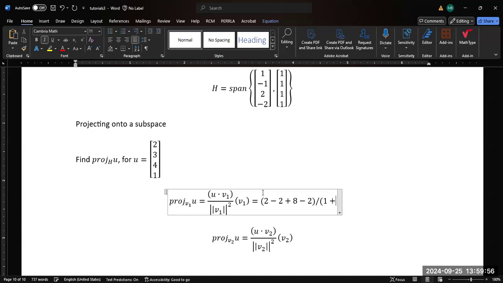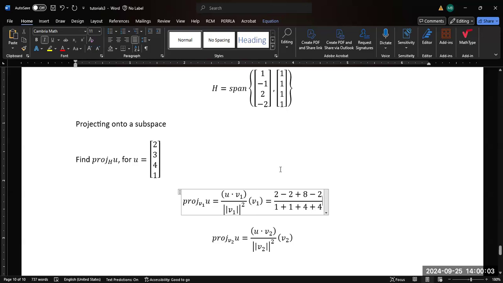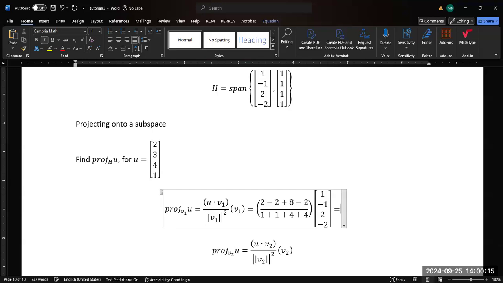So it's going to be 1 + 1 + 4 + 4. And then I'm going to multiply all of that. So let's put parentheses around it because this is going to be a constant. This is essentially our scaling factor, and multiply by V1.